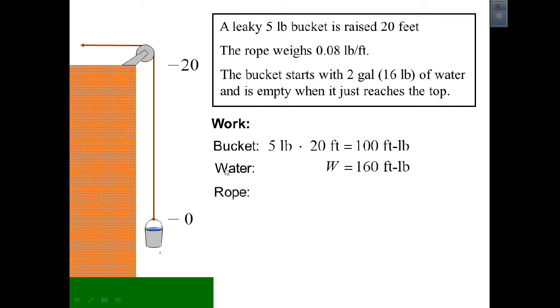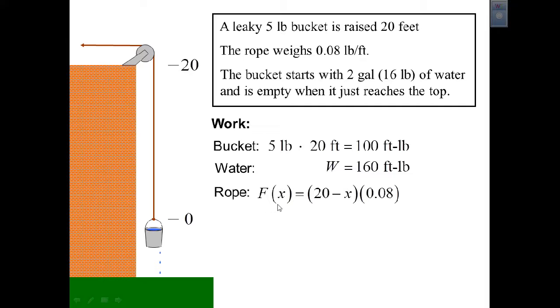All right, so now let's talk about the rope. Well, the rope weighs 0.08 pounds per foot, and we're going to look much like we did before, except for what's the length of the rope when we're at 0? Well, it's 20 feet. What is it when we're up here at 5 feet? Well, it's 15 feet. But it's changing as our x value is going up.